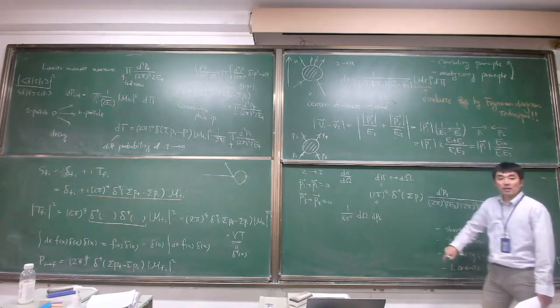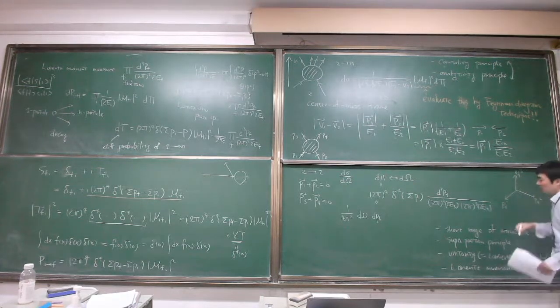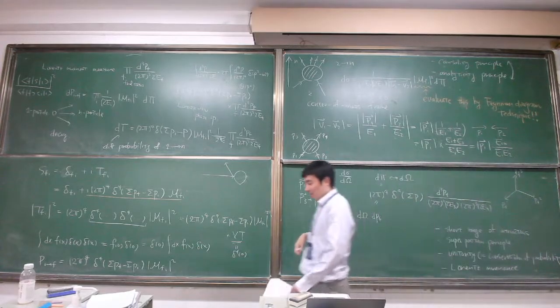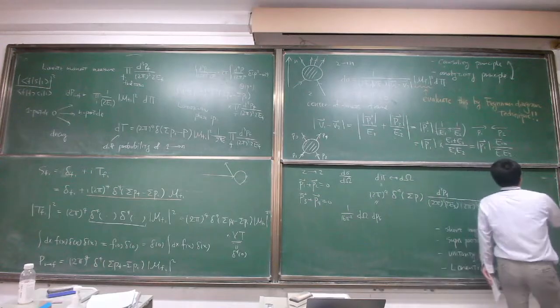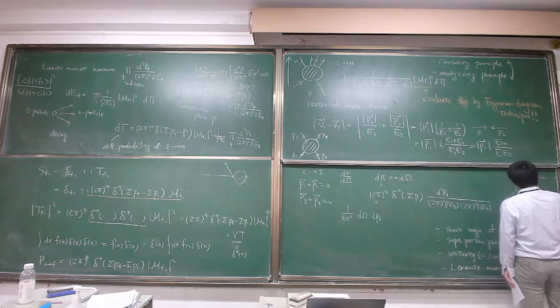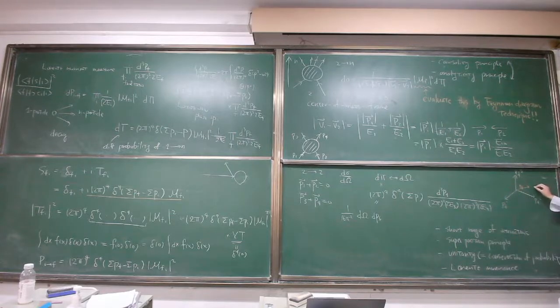Do you understand what I mean? So here dp_f1, dp_f2, dp_f3, and then the radius here. Here you take the radius as p_f, and dΩ is equal to sin θ dθ dφ, as far as I remember.